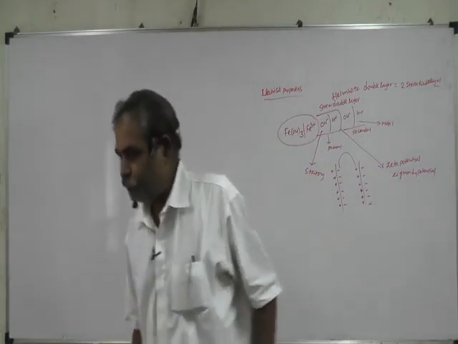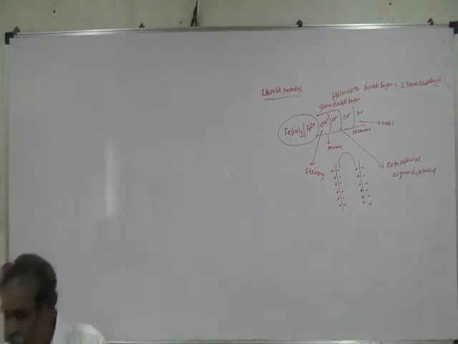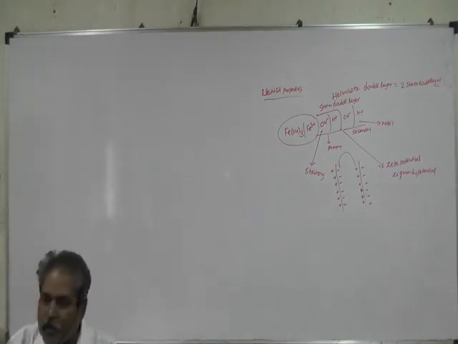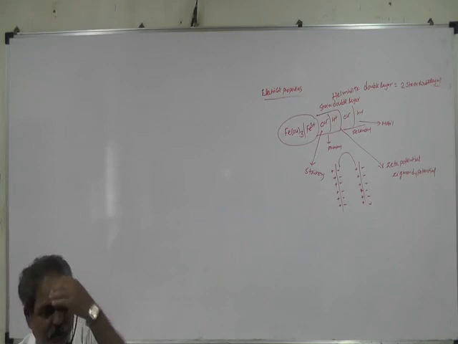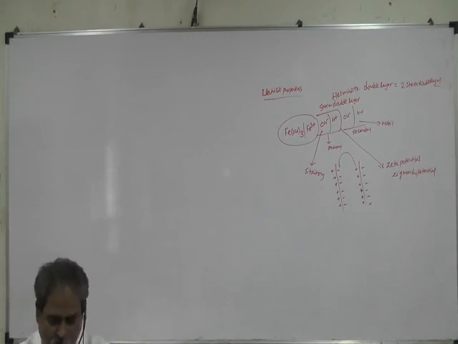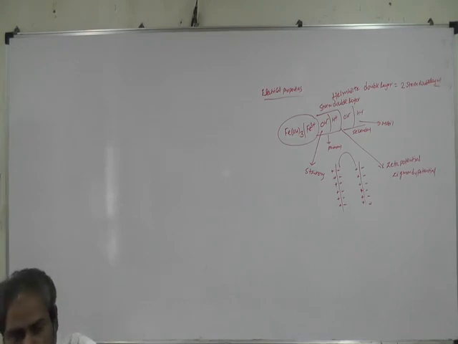Now tell me, a lyophobic sol is stabilized by? Of course, it's a 2013 question. A lyophobic sol is stabilized by preferential adsorption of ions from the solvent. Preferential adsorption.